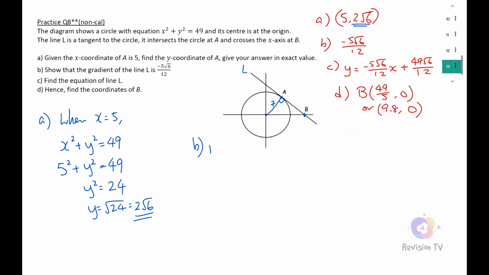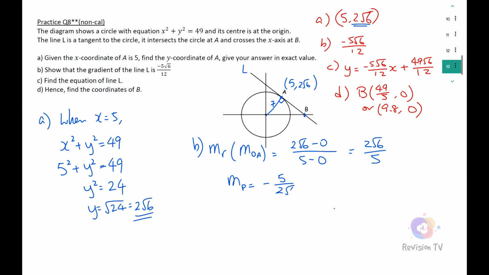So the gradient of the radius, m of OA, where we know the point A is (5, 2 root 6), is 2 root 6 minus 0 over 5 take away 0, which is 2 root 6 over 5. But the gradient of the tangent, which is perpendicular to it, is the negative reciprocal.